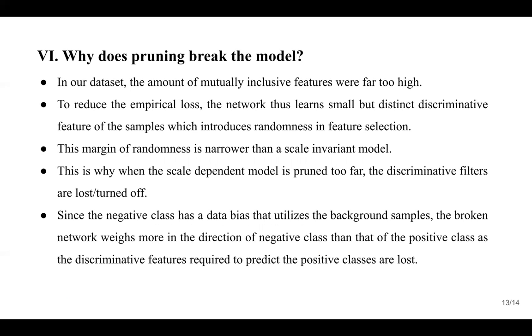This margin of randomness is narrower than in a scale-invariant model. This is why when the scale-dependent model is pruned too far, the discriminative filters are lost or turned off. Since the negative class has a data bias that utilizes the background samples, the broken network weighs more in the direction of the negative class than the positive class, as the discriminative features required to predict the positive class are lost.